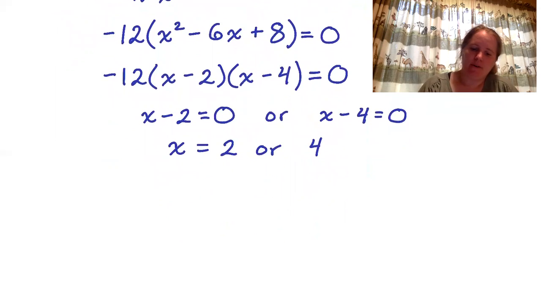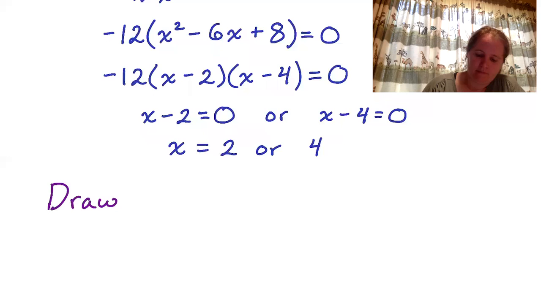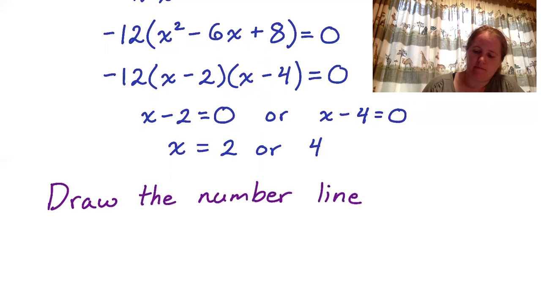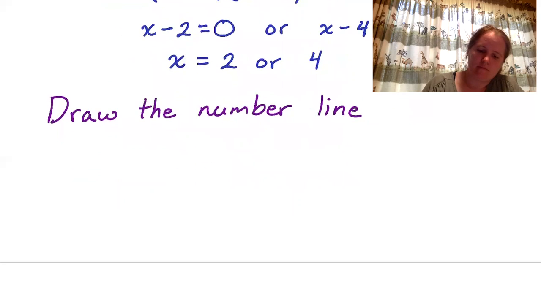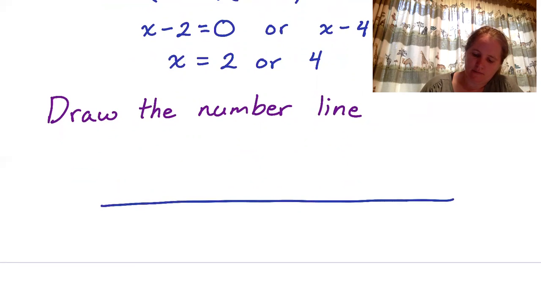From here, I'm now going to just draw one number line instead of drawing a number line for each step, and we'll just pile it all on top of each other. So we are going to draw the number line. So we had 2 points of interest for x, namely at 2 and at 4.